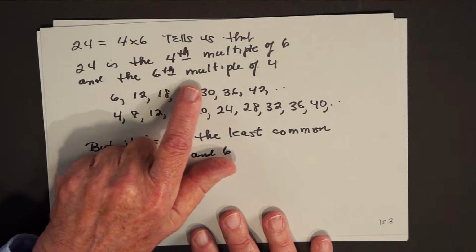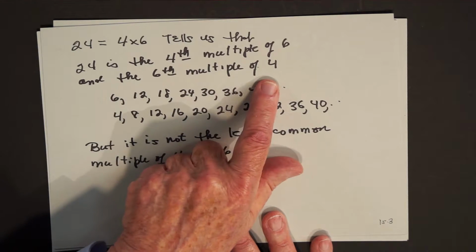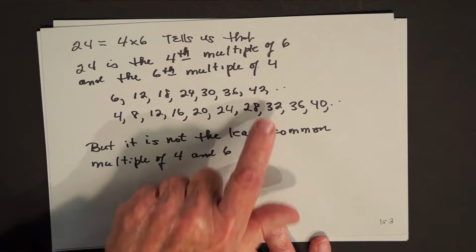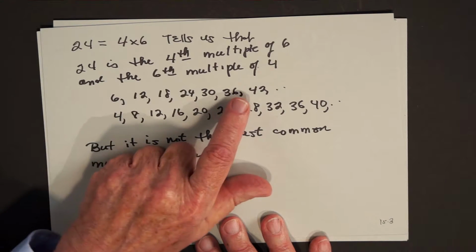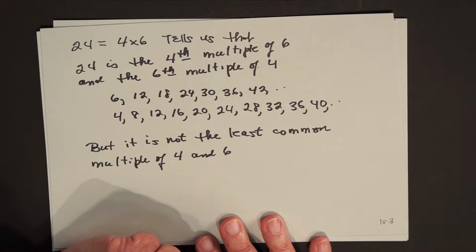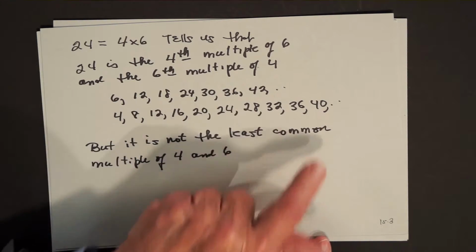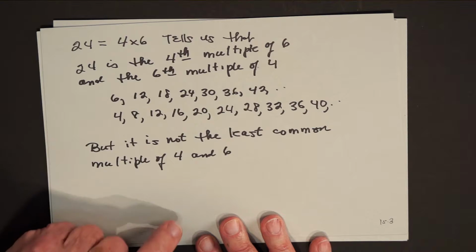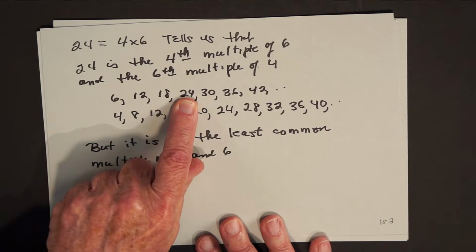What that tells us is that 24 is the 4th multiple of 6 and the 6th multiple of 4. In other words, if you're counting by 6s, 24 should be the 4th number you come to, and if you're counting by 4s, it should be the 6th number you come to. That is much easier than having to draw this whole thing out and counting. Let's see where 24 is here. The 1st multiple of 6, 2nd, 3rd, 4th multiple of 6.